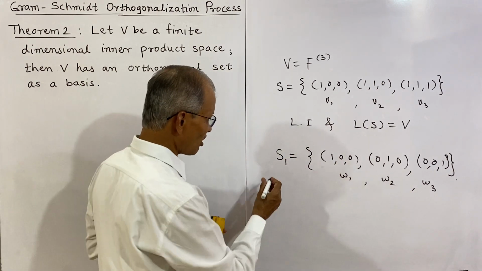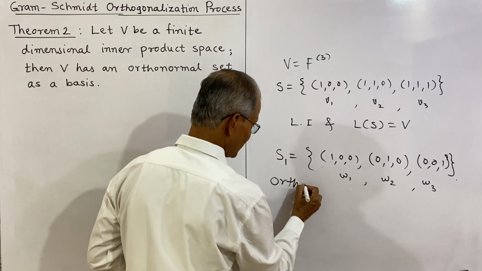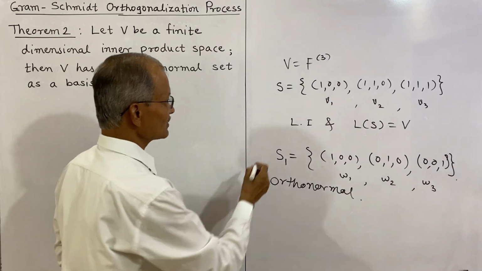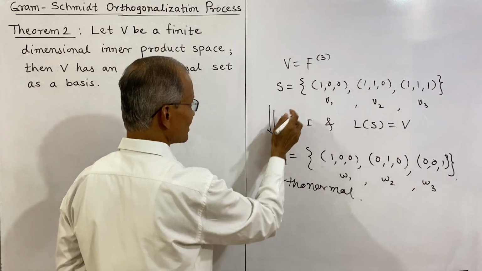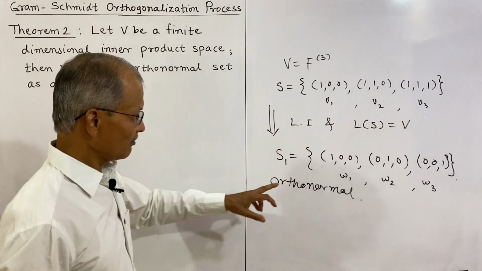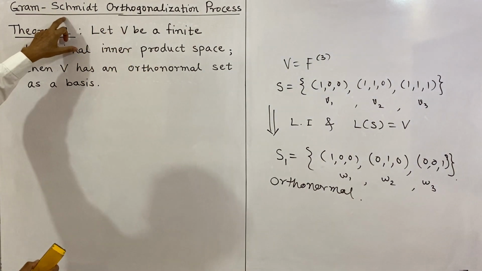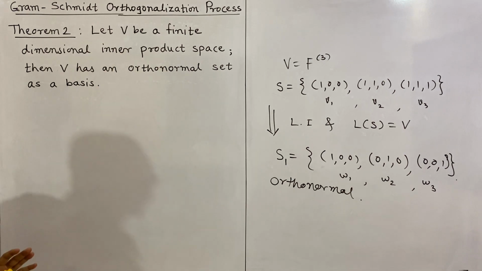So this set is orthonormal, but the earlier one is not, and thus we have to construct from the given basis a basis which is orthonormal. That is the meaning of the Gram-Schmidt orthogonalization process.